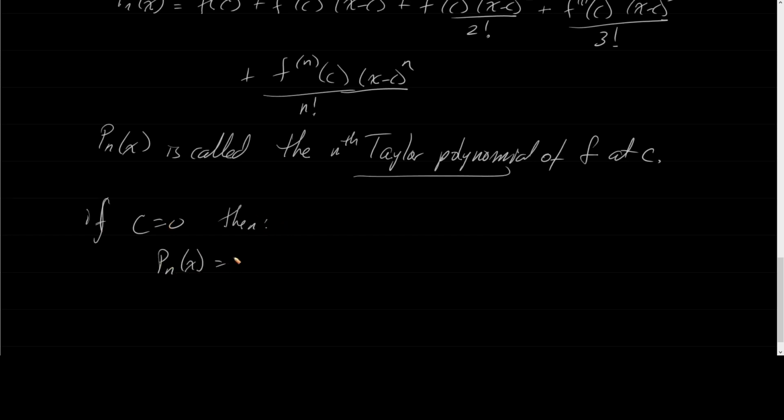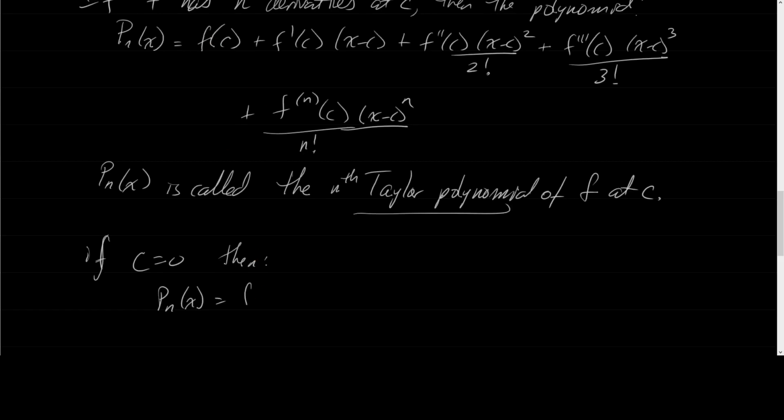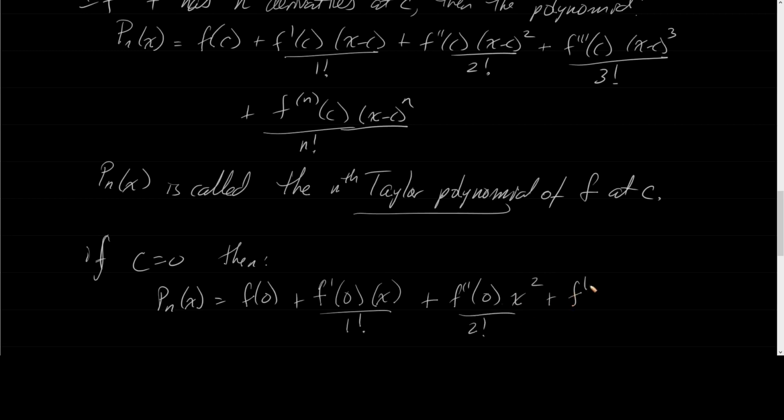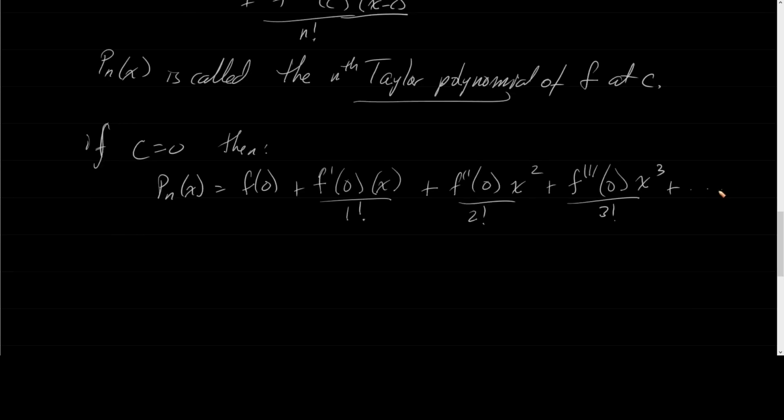Then p sub n of x would be, well, let's see what happens. f of 0 plus f prime of 0 times x, and by the way, here we could technically say 1 factorial, so I can just leave it as that, plus f double prime of 0 times x minus 0, which is just x, so x squared over 2 factorial, plus f triple prime of 0 times x cubed over 3 factorial, so on and so forth, until we get to the nth derivative at 0 times x to the n over n factorial.